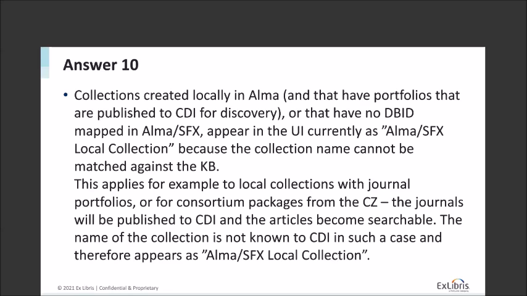So sometimes when the activation source is an ALMA CZ collection with DBID, we can match it against the KB and CDI, and we know exactly which collection it was, and we can show it in the source or in the collection facet.